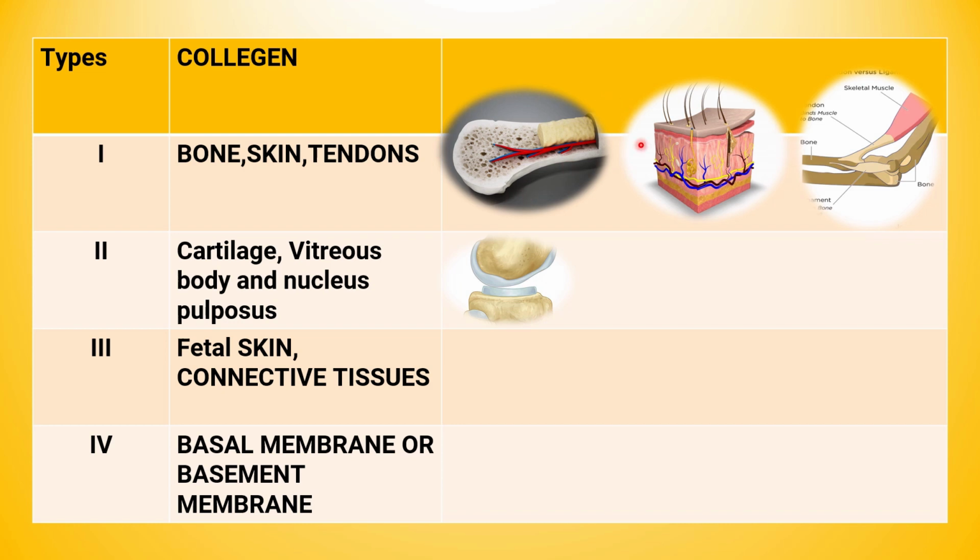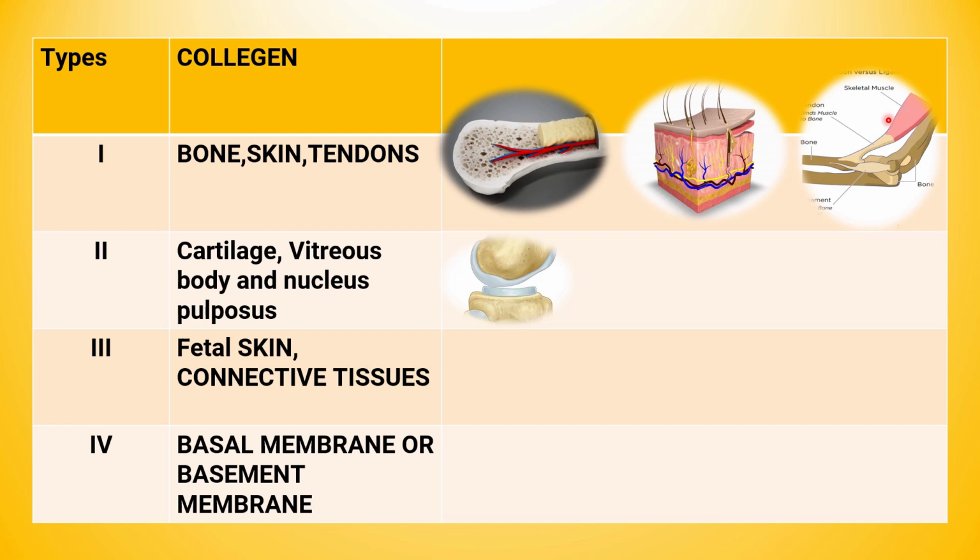So type 1 and type 2 are the important collagens. This fibrous protein is mainly seen in the skin, bone, cartilage, tendon, blood vessels, cornea, teeth, heart wall, and basement membrane.